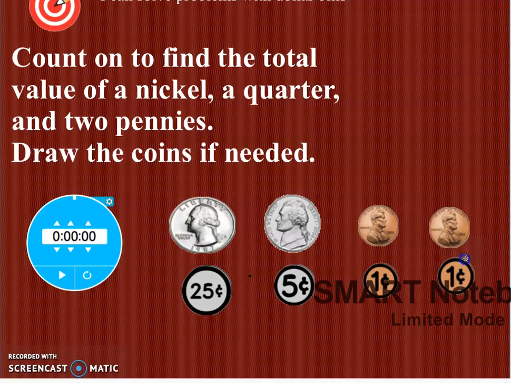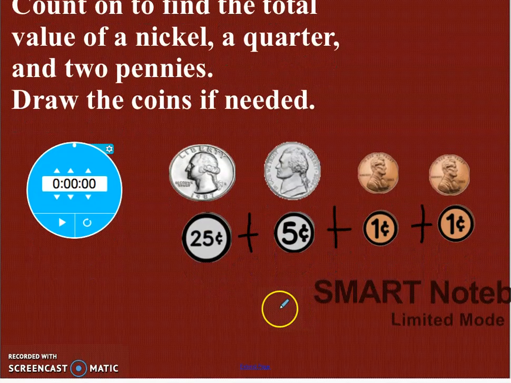Great job. So in order to find the total amount, we already know that we have to add. So I have to add 25 cents plus 5 cents plus 1 cent plus 1 cent to get the total value. So what I'm going to do is break up each part and add 25 plus 5 first.